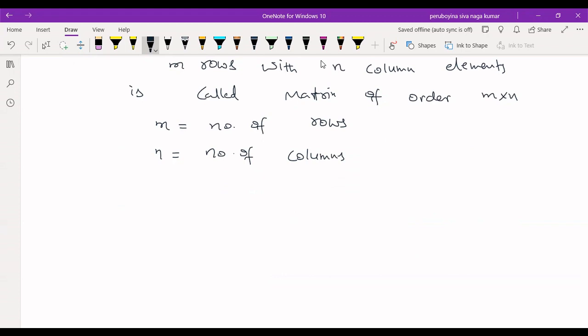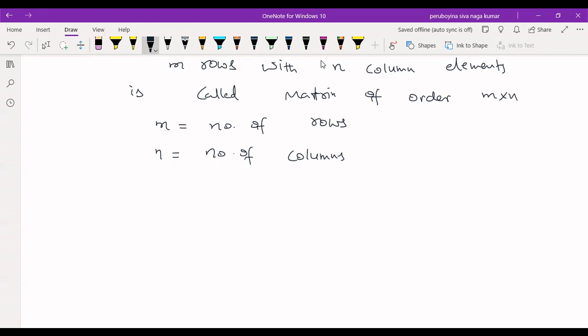Now the types of matrices. This is not important, but we will define a little. Row matrix means only one row and different columns. Column matrix means only one column and different rows. Zero matrix means all the elements are zeros. Square matrix means number of rows is equal to number of columns.